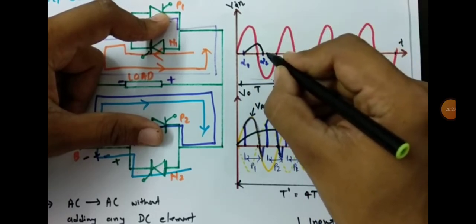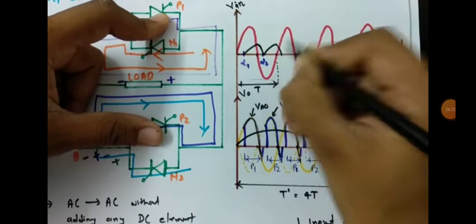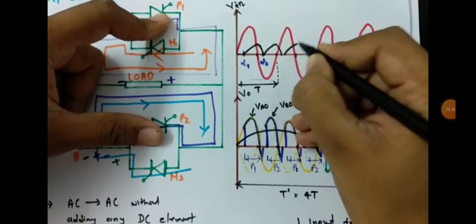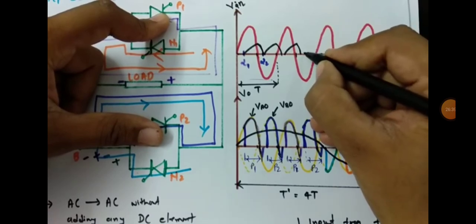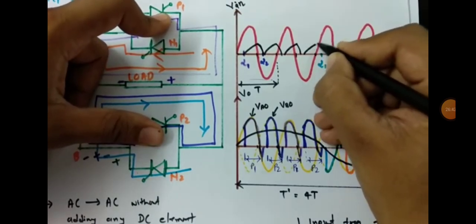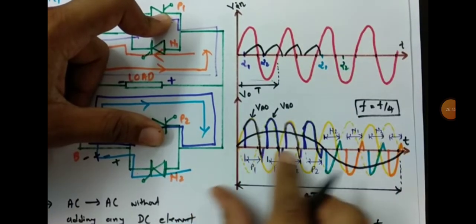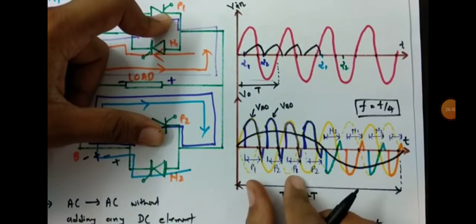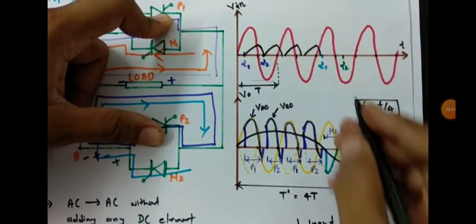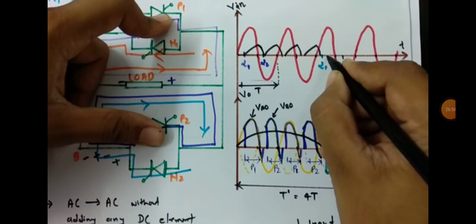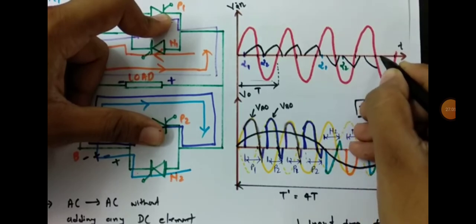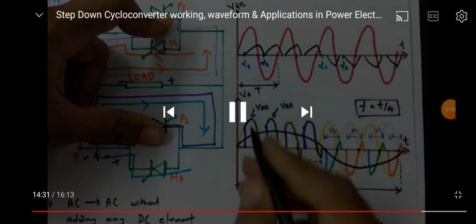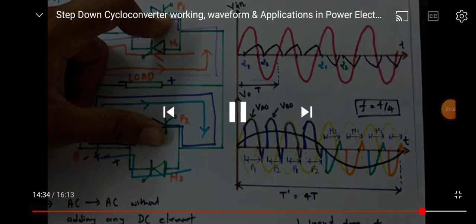At this instant alpha 2 is getting triggered, so that is the kind of output current we have. So triggering P1 and P2 for the positive half cycle will result in output current in the positive direction, and for the negative half the output current will be in the negative direction like this.